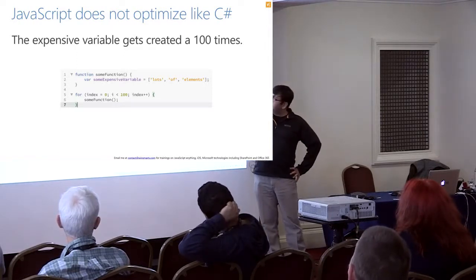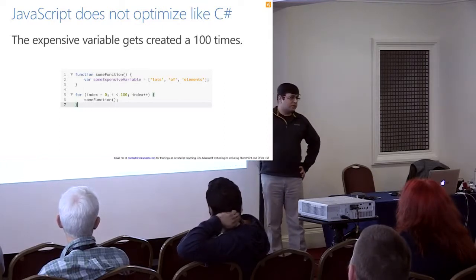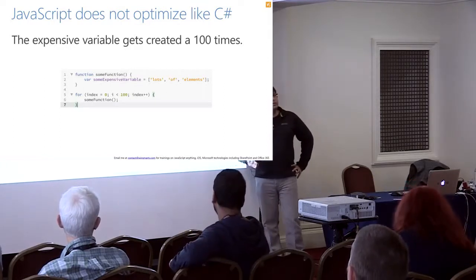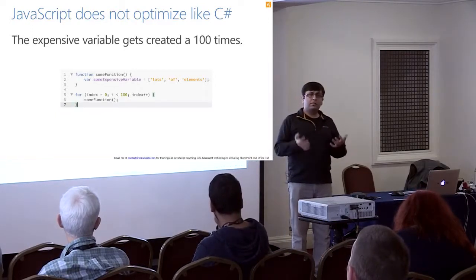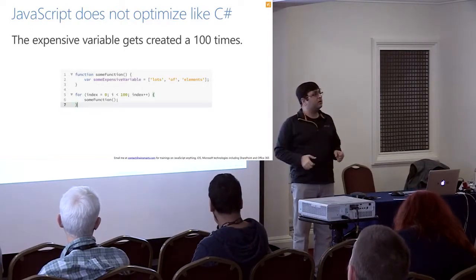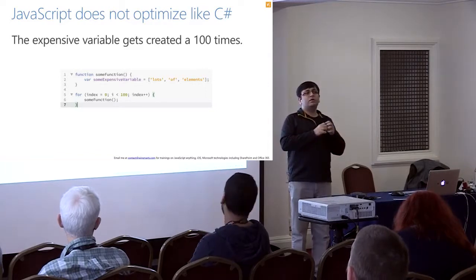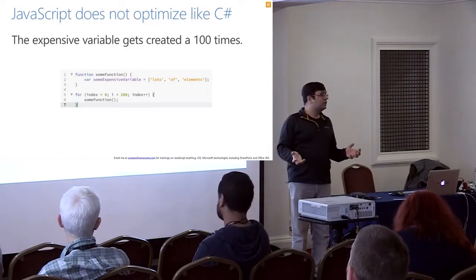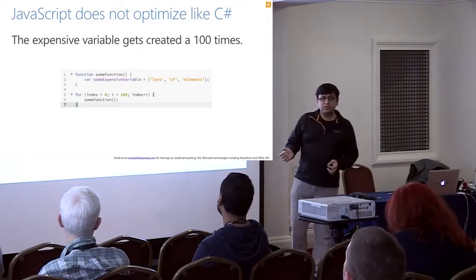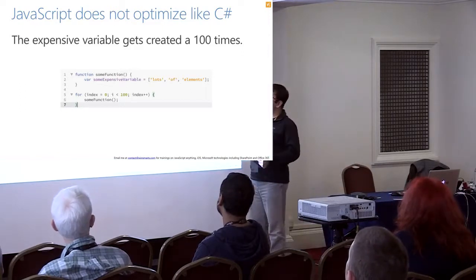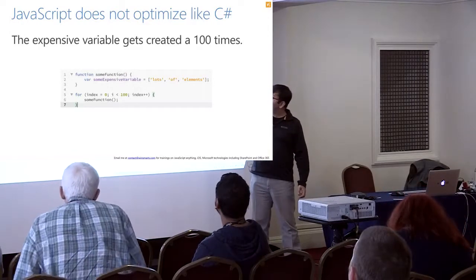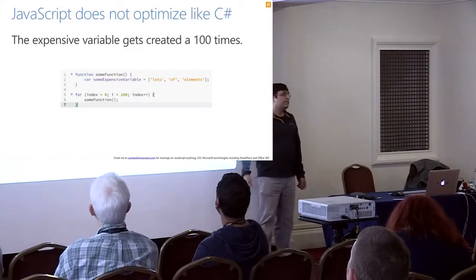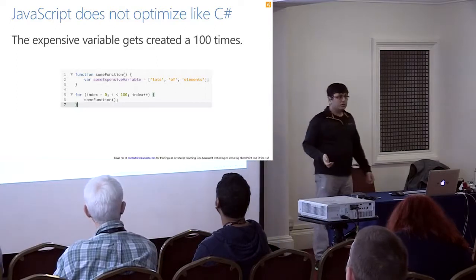So they will take this and put it at the top as an optimization thing. JavaScript doesn't do that. Because when you load a web page, you want the page to be available right then. So they don't want to introduce a long compilation loop, right? So they'll never introduce this sort of optimization. So when we write code, we have to introduce this optimization: if we are writing a variable like this, put it up here. Especially if it's inside of a slow loop.